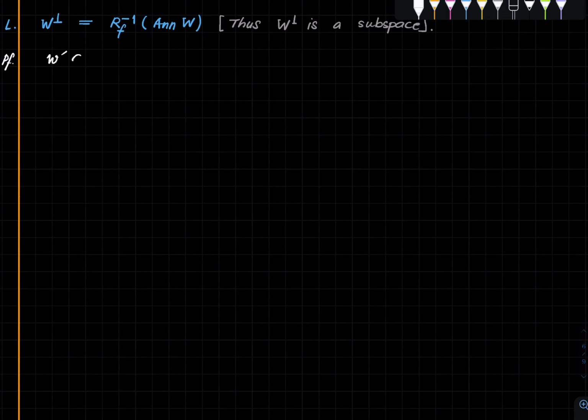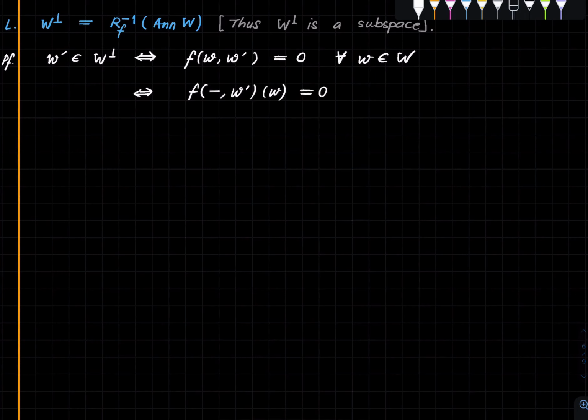W prime is in W perp if and only if f of W comma W prime equals 0 for all vectors W in the subspace, which happens if and only if f blank W prime of W equals 0 for all W in W, which happens if and only if RF W prime of W is equal to 0.